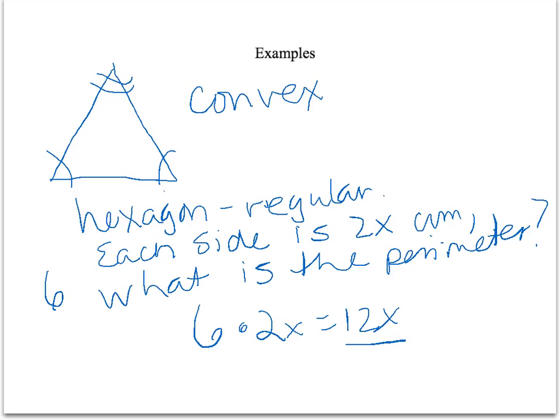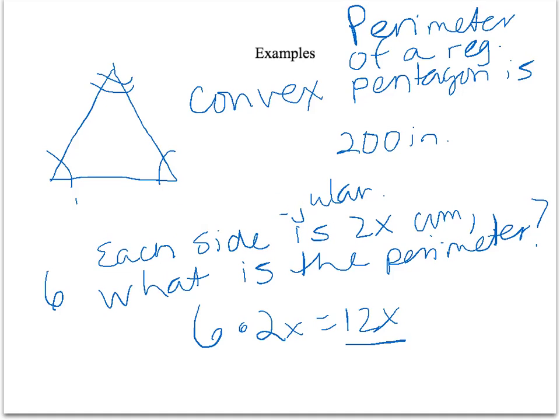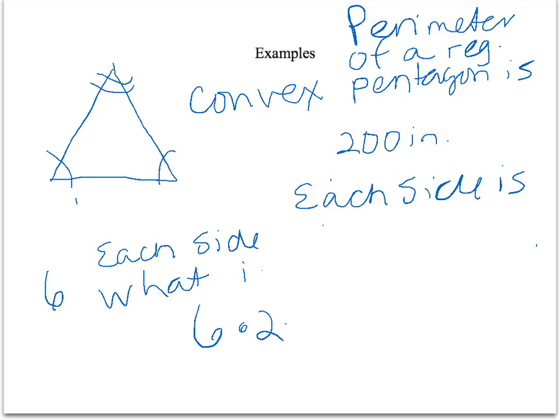I said the perimeter of a regular pentagon is 200 inches. Each side is 4x inches.